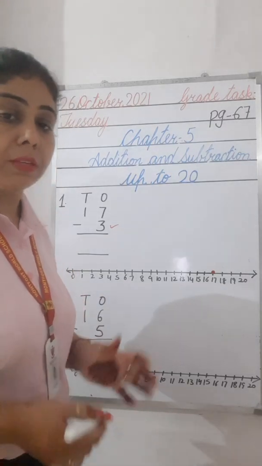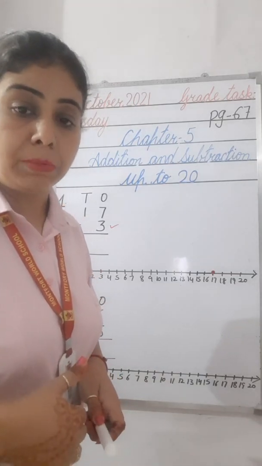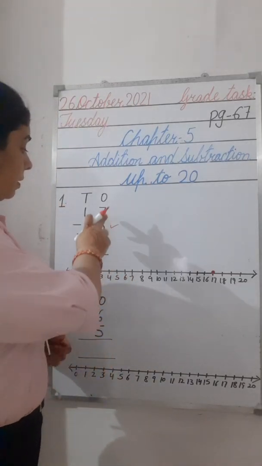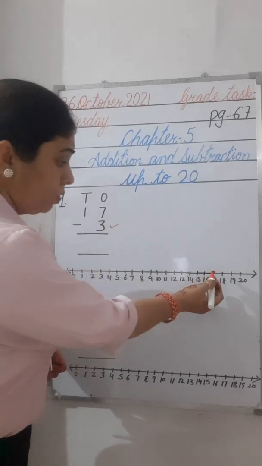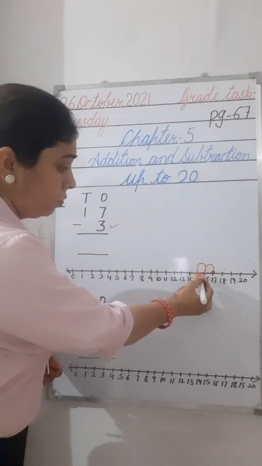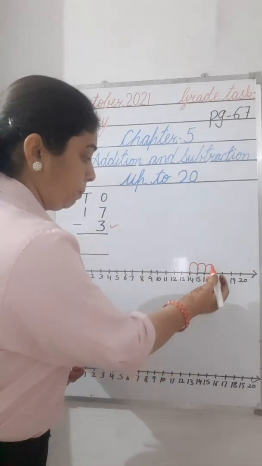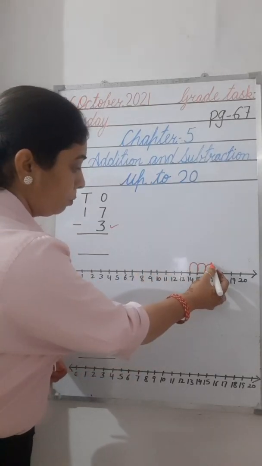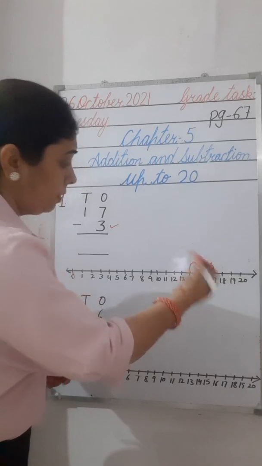For subtraction, we have to take back steps. So, how many steps we will take back? 3 steps. So let's count with me. 1, 2, 3. 3 steps we will take back. Now put arrow also to show that we are counting backward.